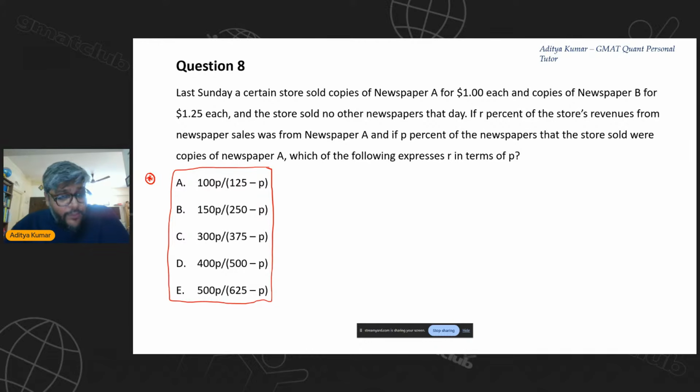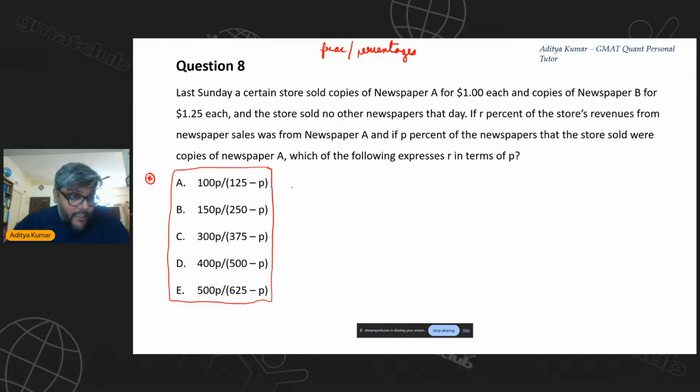So the first thing I want you all to understand when it comes to a word problem is: glance at the question. As soon as you see a question where there are fractions and percentages in the question and fractions and percentages in the answer choices, it gives you the opportunity to pick values and work.